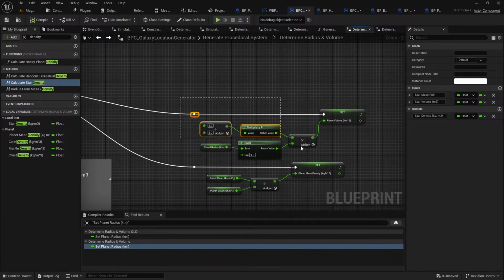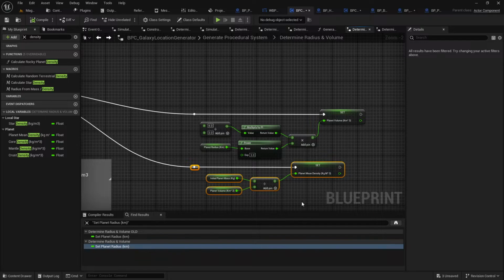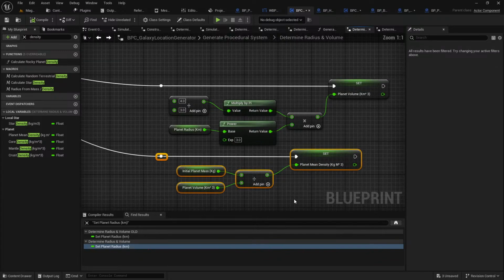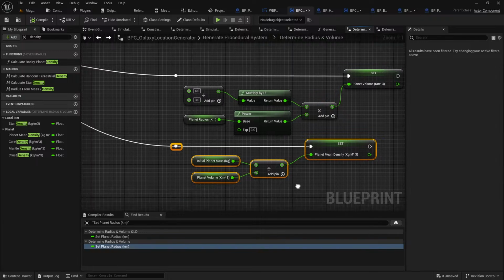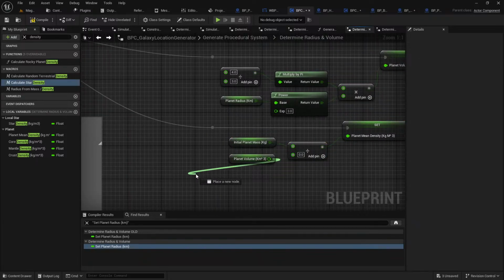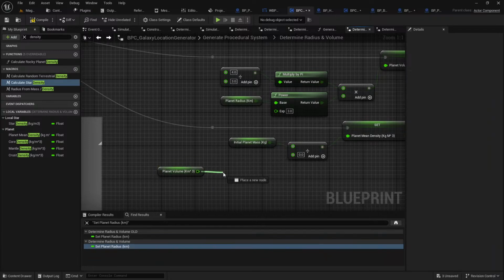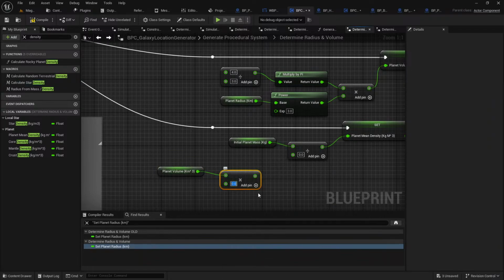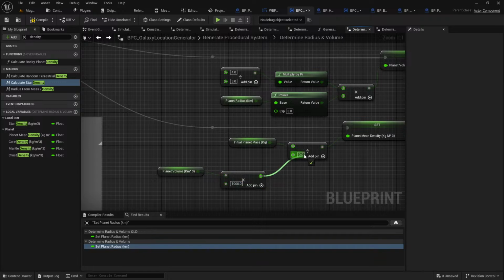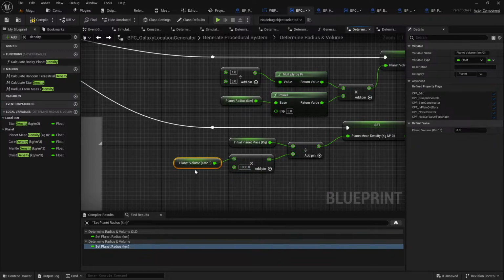Yeah, so first it calculates the volume, and then it calculates the mean density. Let's give that a whirl.